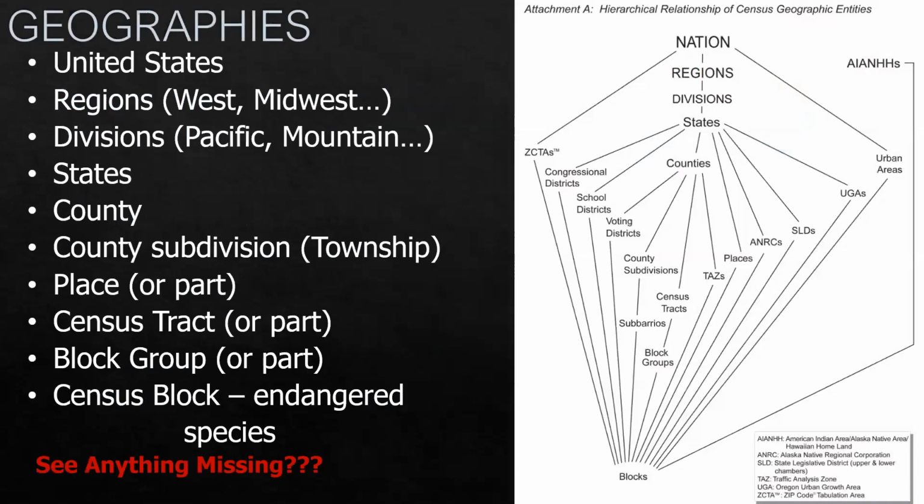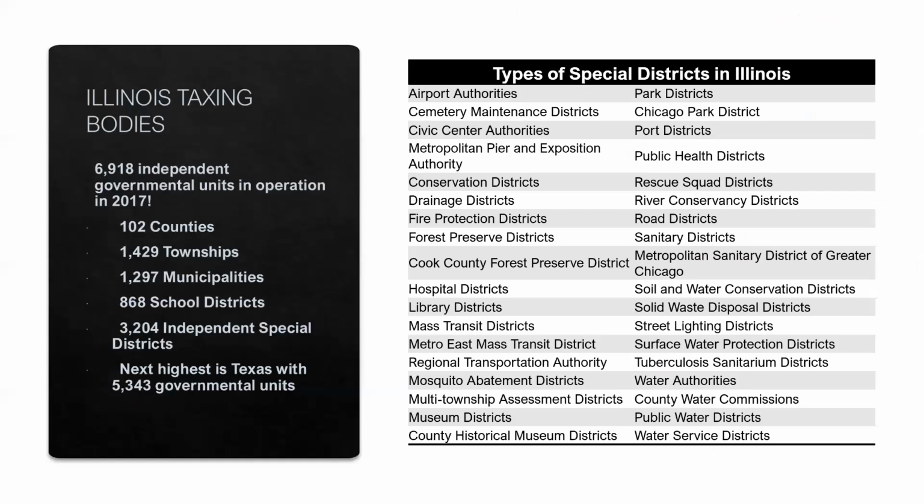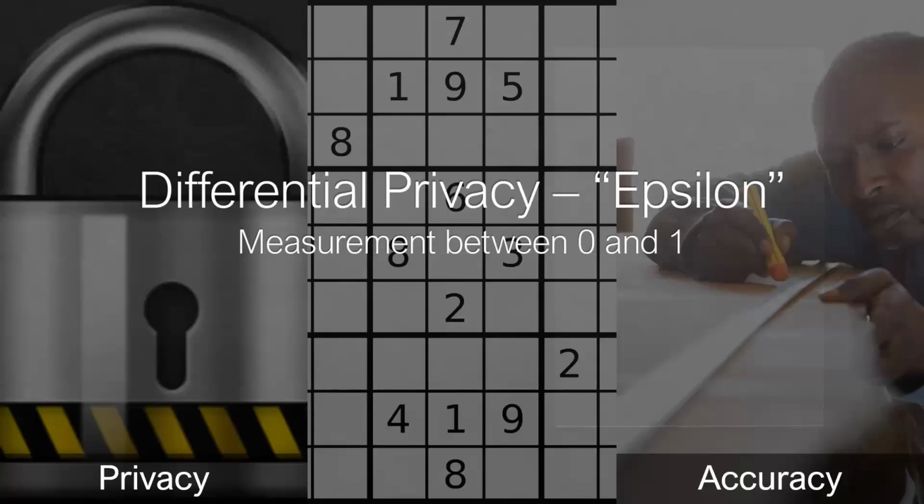We'll talk about Epsilon next. Remember when I said that there's going to be some changes with the census data. I am not going to go through all the details on what an Epsilon actually is, but I'll tell you the story behind this so you can understand what it is.